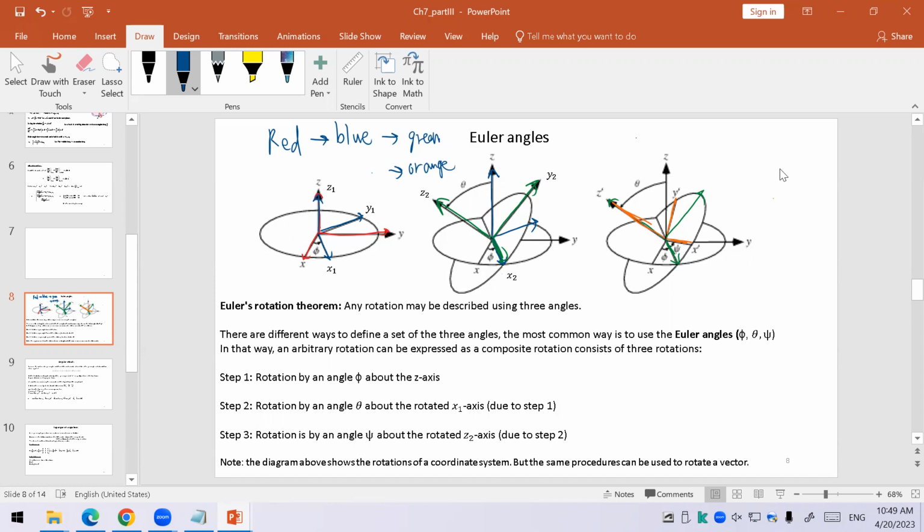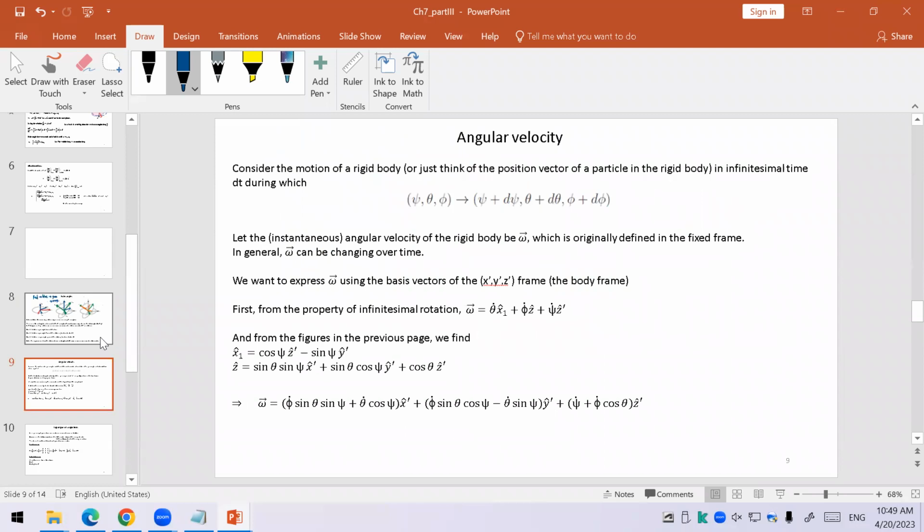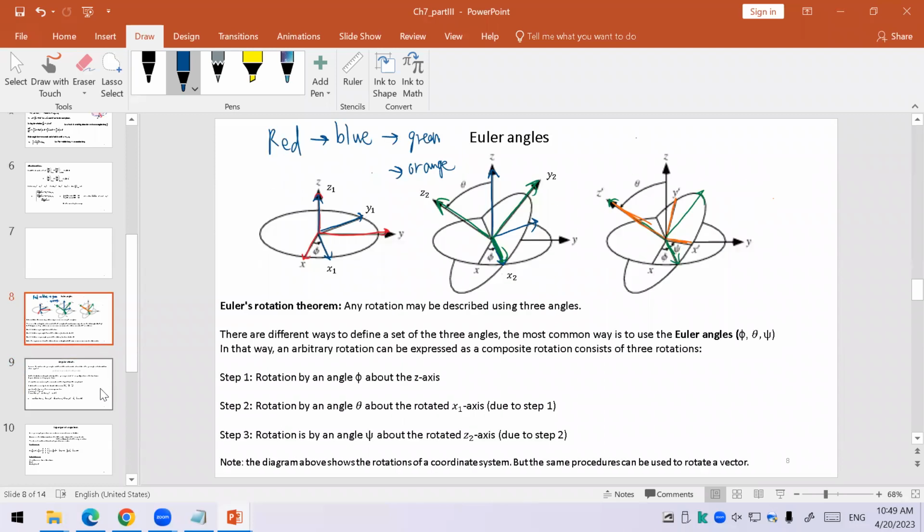So any orientation can be obtained by taking the original orientation and then doing these 3 steps. Okay. But of course, you have to choose these 3 angles correctly, right, such that you can go to your final orientation that you want.